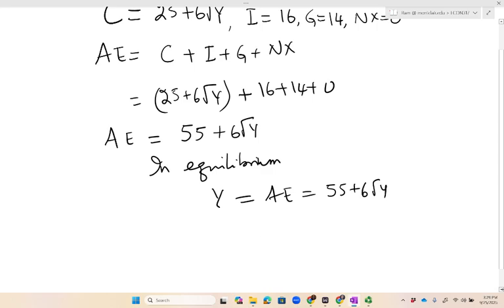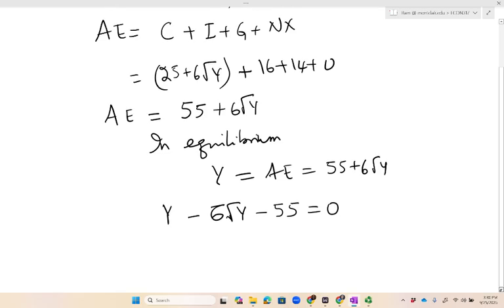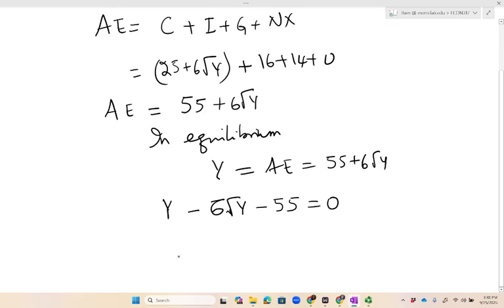Notice we have a non-linear term on the right hand side, square root of y. I can rewrite this as y minus 6 square root of y minus 55 equal to 0. So even though it is a non-linear case, we still have one equation, one unknown.